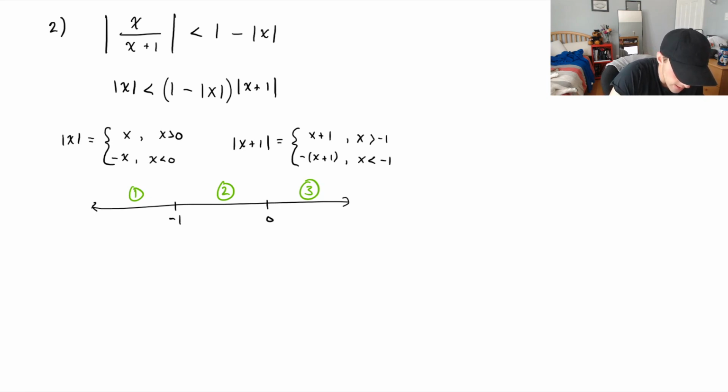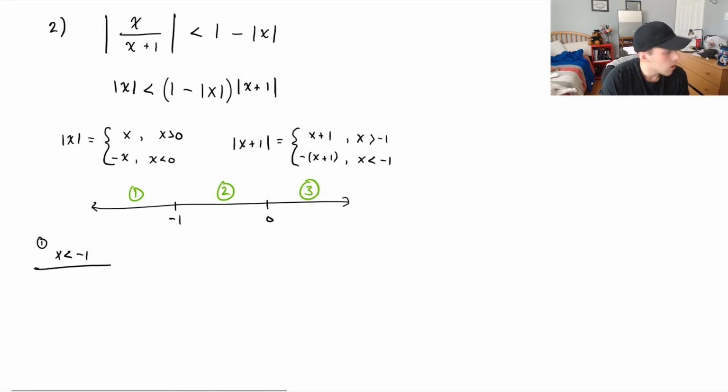We've got x is less than -1 as our first region. This is region number 1. Let's solve for this right now. When x is less than -1, let's look at our first piecewise function.